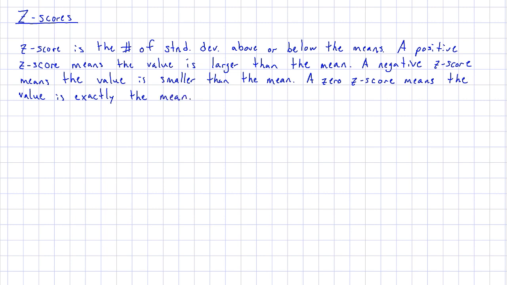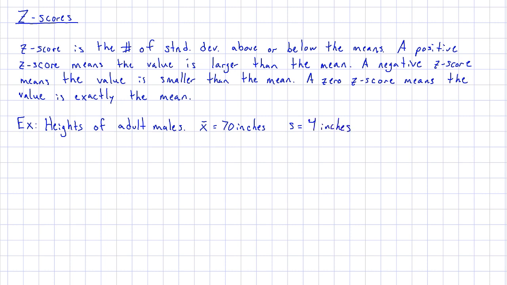So let's dig into this a little bit. Let's consider an example. Let's say I have the heights of adult males. The mean is 70 inches, and the standard deviation is 4 inches.